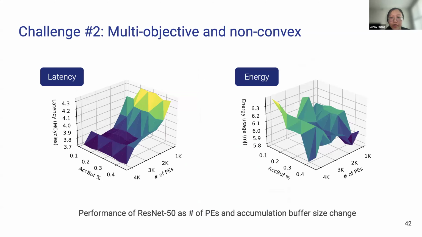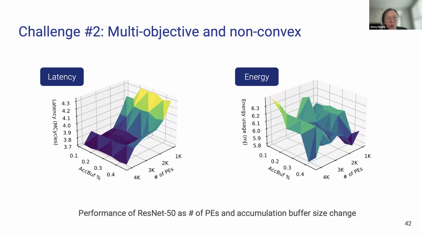The second challenge we're facing in this domain is that we typically use more than one metric to evaluate the hardware design. For instance, latency and energy are two objectives designers commonly target at the same time, so optimizing them separately wouldn't give us the optimal results we want.